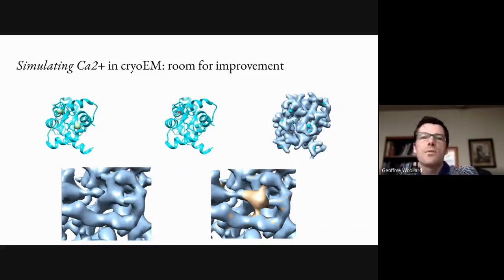When you simulate maps, you need to use different intensity values for bound calcium, otherwise you really won't see them. Here, using the same background as everything else, it's not there, and this is with the proper intensity modeled in.